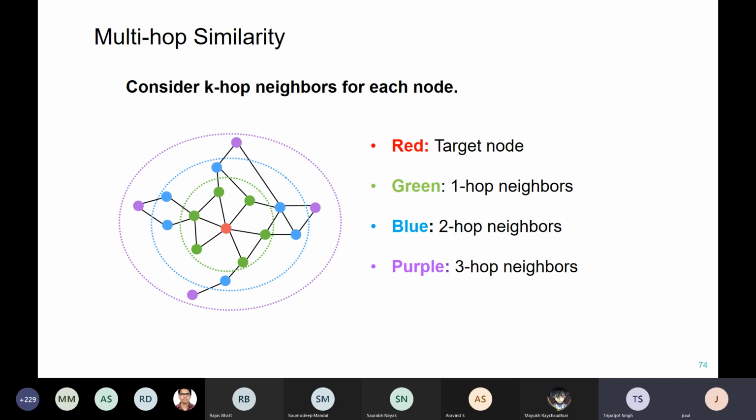You have to maintain a balance in how far you want to go from the target node. But essentially, we are increasing the number of nodes by taking the hop information into consideration, and you can again use the same loss function that we have seen before to address this problem.